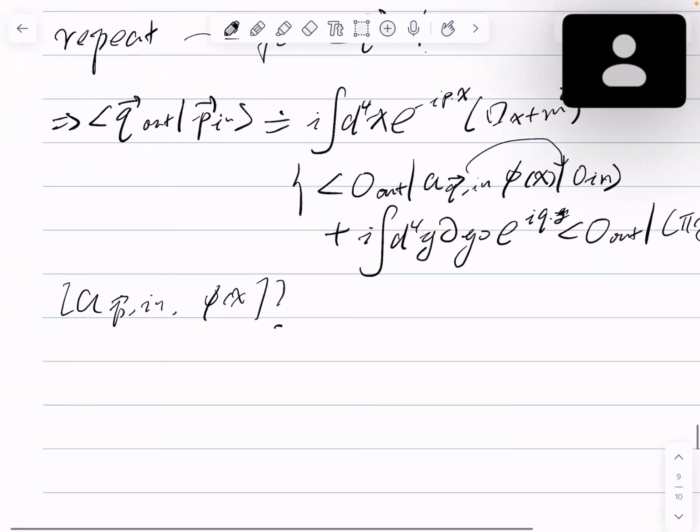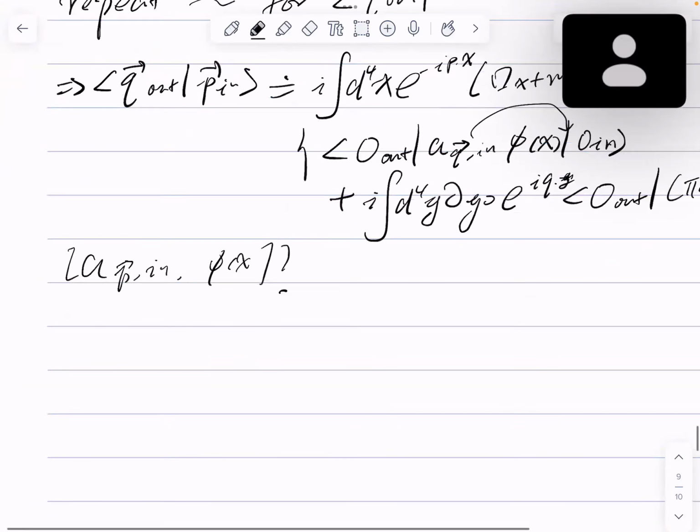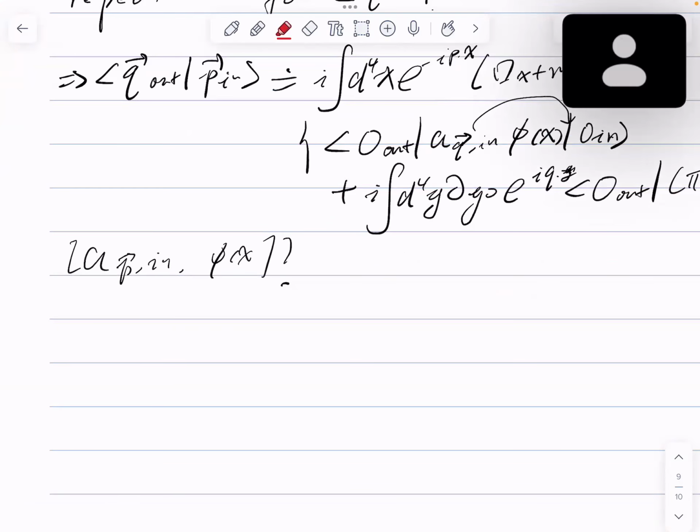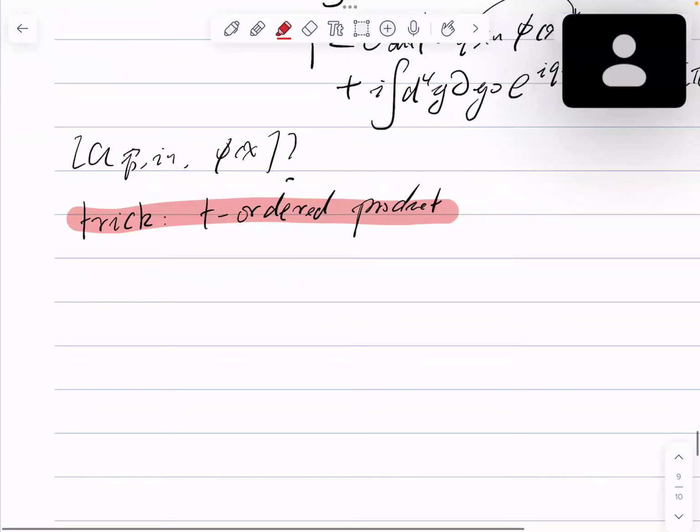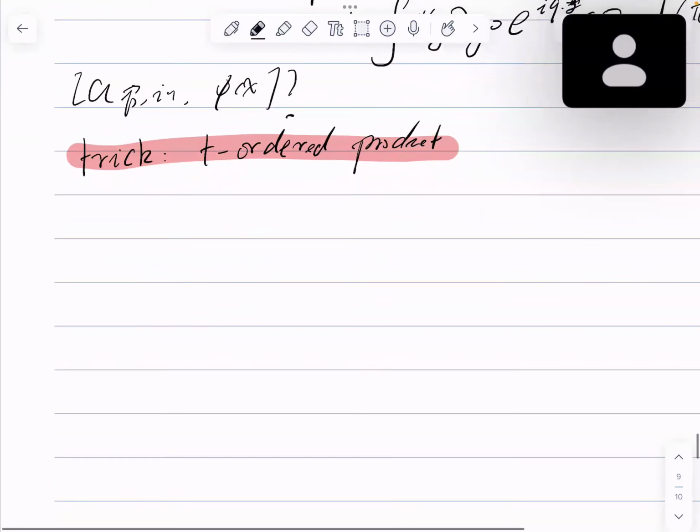So we use another trick called the time-ordered or T-ordered product. The definition is below.